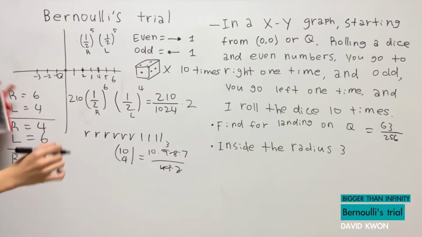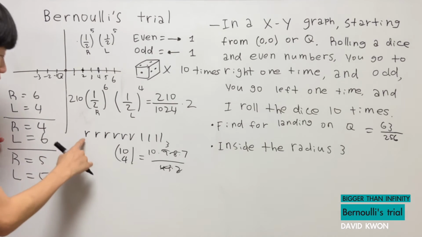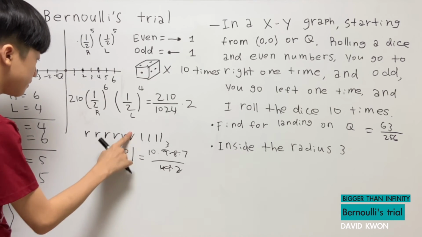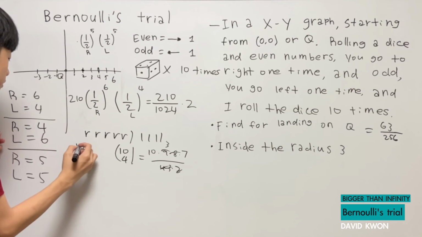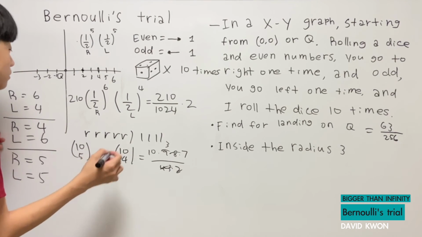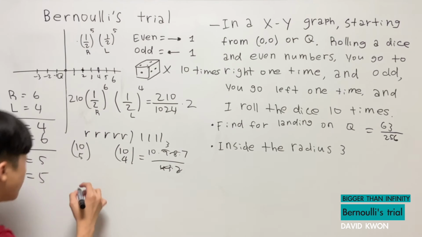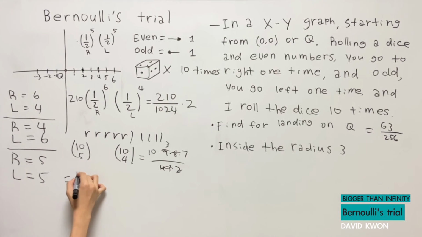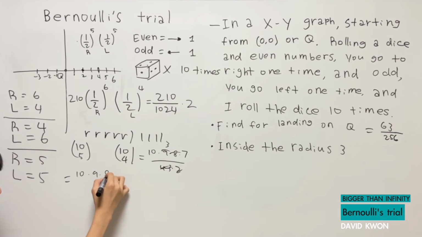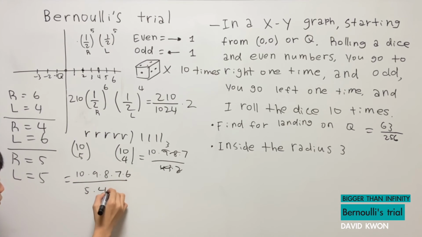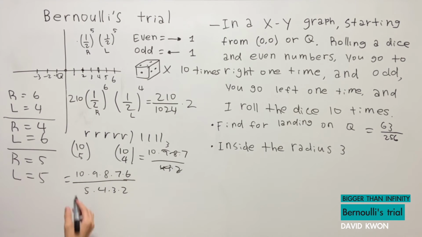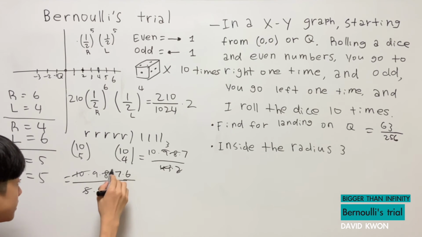And times how many ways can we mix that up? If we have right, right, right, right, right and left, left, left, left, left, how many ways can we mix that up? That is equal to 10 choose 5, my bad. That is 10 times 9 times 8 times 7 times 6 over 5, 4, 3, 2, 1. Let's cancel.